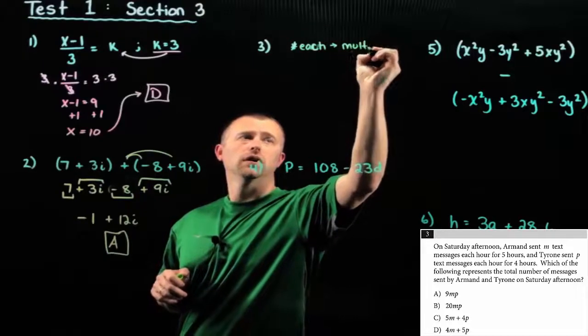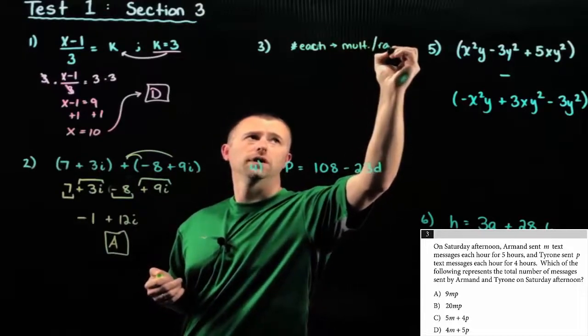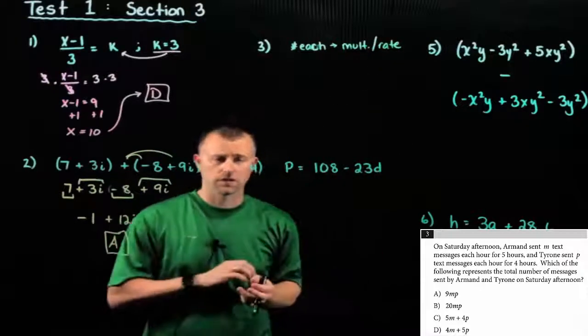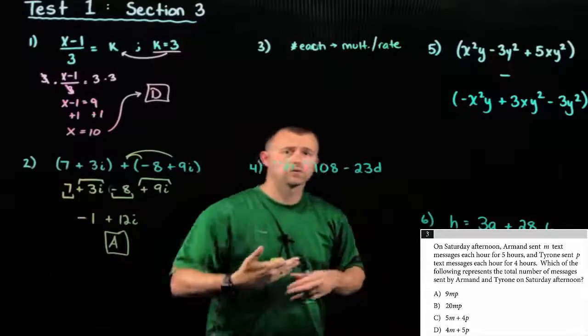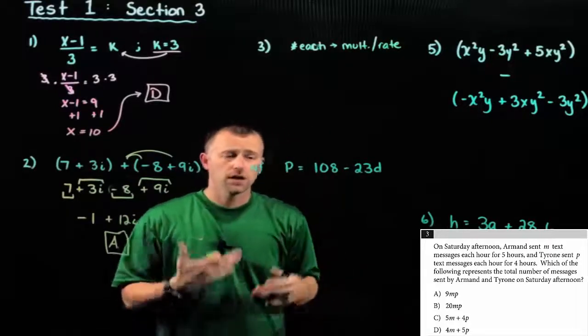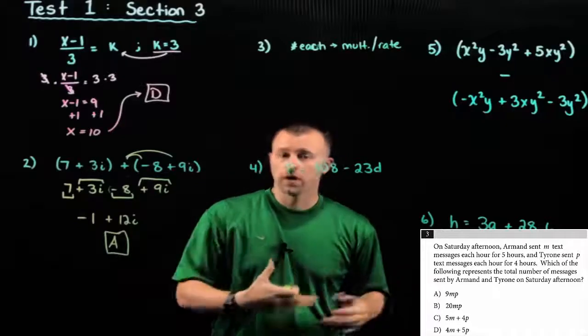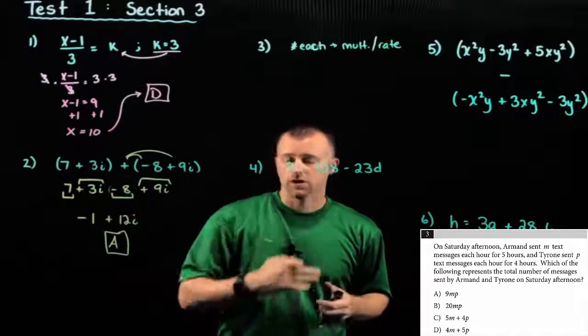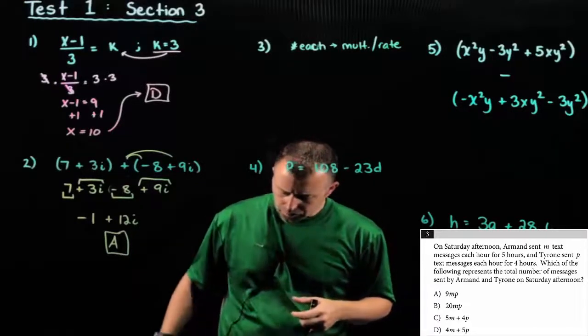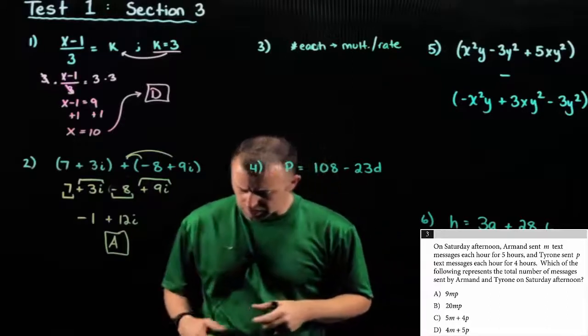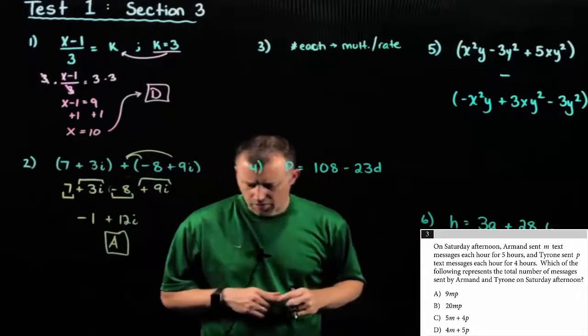That's one. Also, you can call it a rate. That's dealing with rates because you're doing something every single hour, so it's going to do it multiple times. And that's a good rate or slope scenario when you're going to see those words. So he sent M text messages each hour for 5 hours.